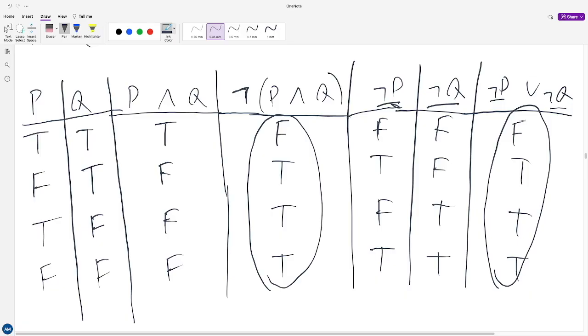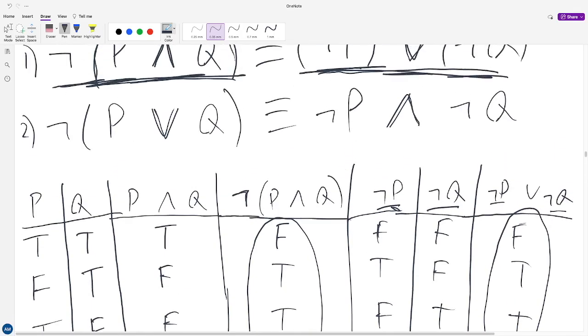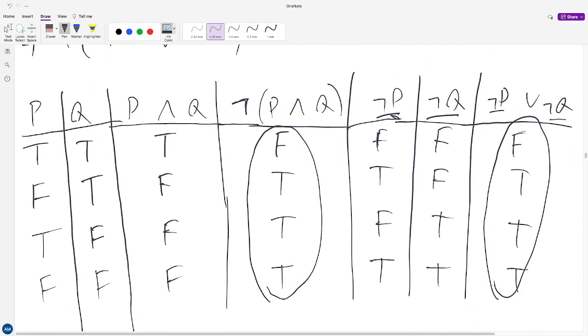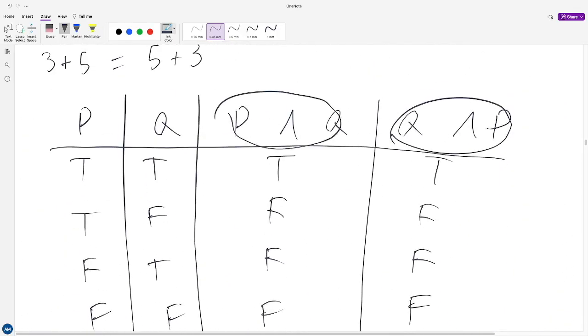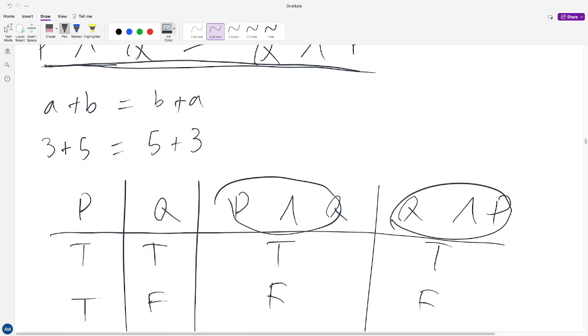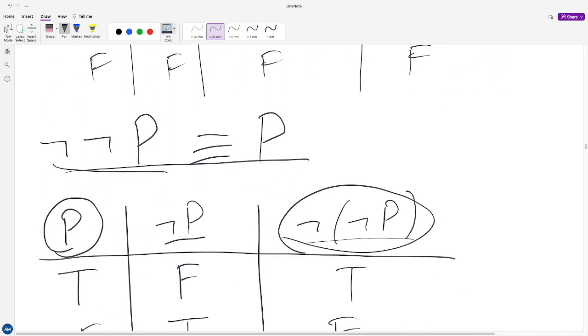And so I would encourage you to verify this second one on your own using the same template or a similar template. Now, we covered the commutativity. It's called commutativity when you can flip-flop the P and Q, Q and P. Commutativity of and, we covered the negation, double negation law.